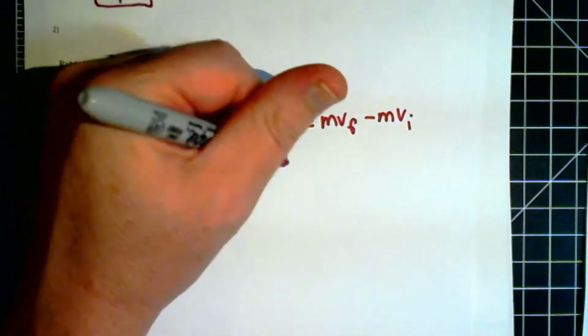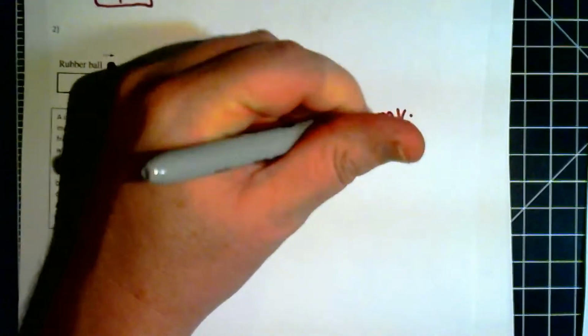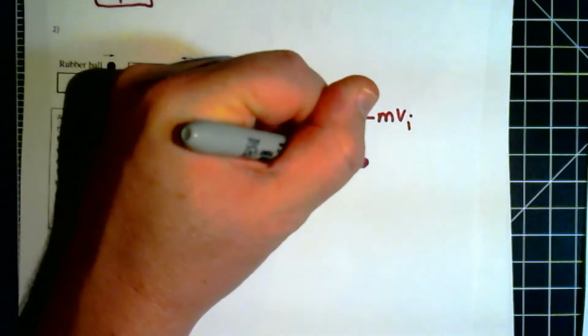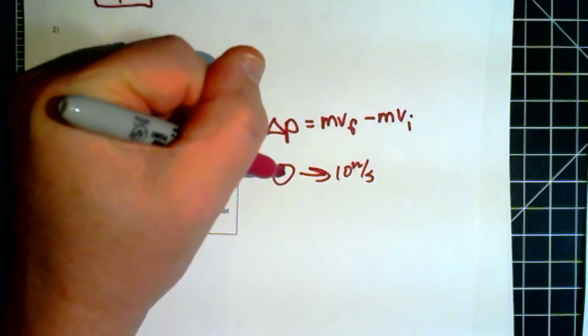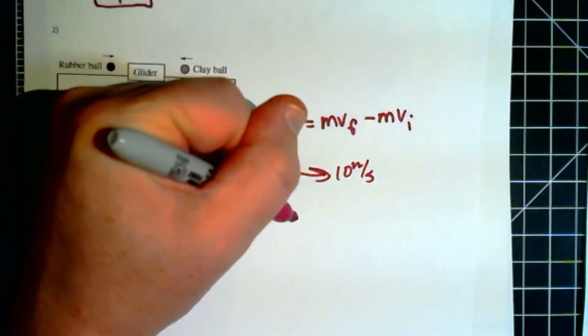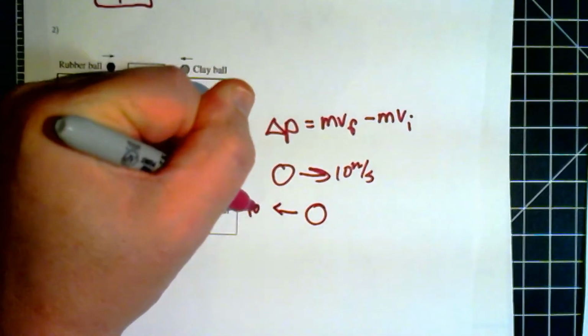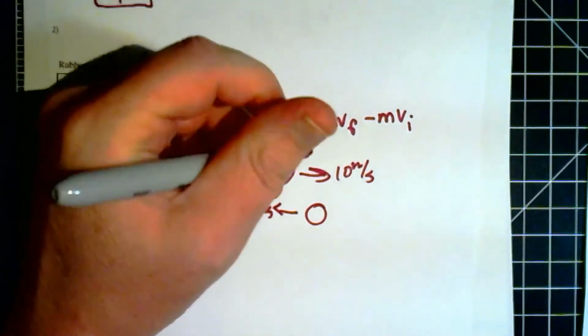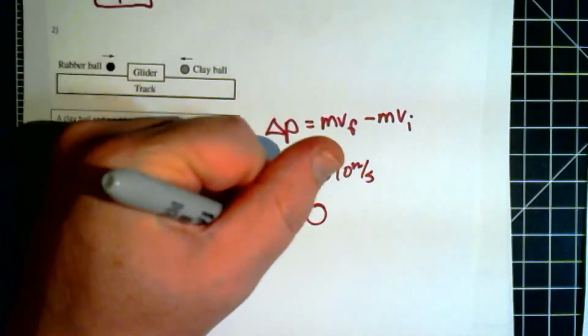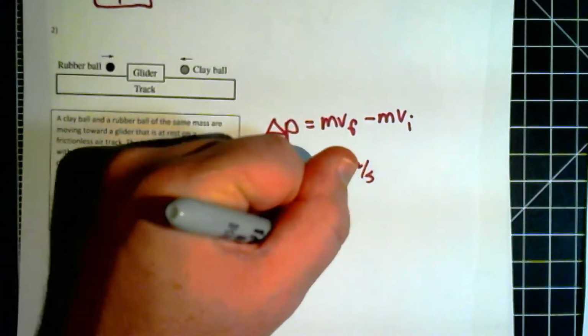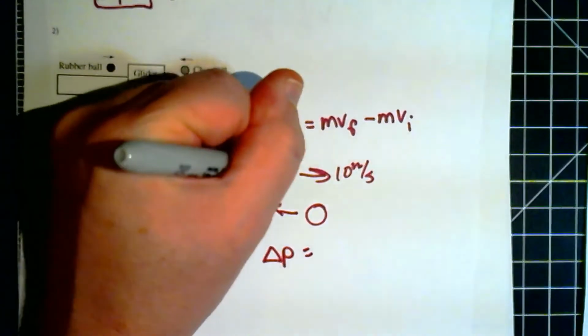If that rubber ball is initially traveling to the right, let's say at 10 meters per second, and then after it collides, it's going to be moving backwards, also at 10 meters per second. If I wanted to calculate the change in momentum of that rubber ball, it would be mv final. Let's let m be 2.